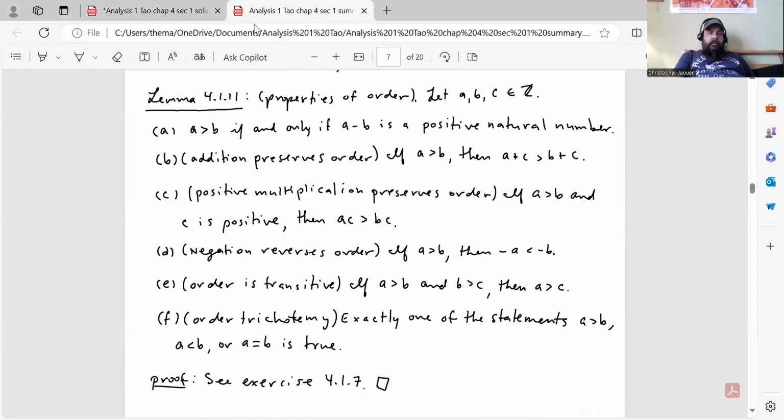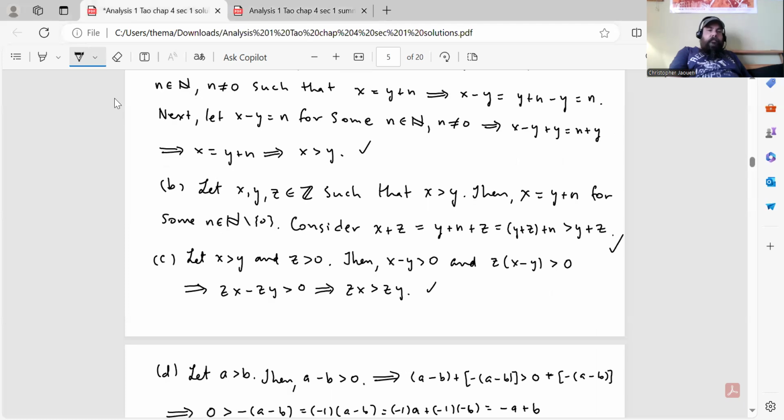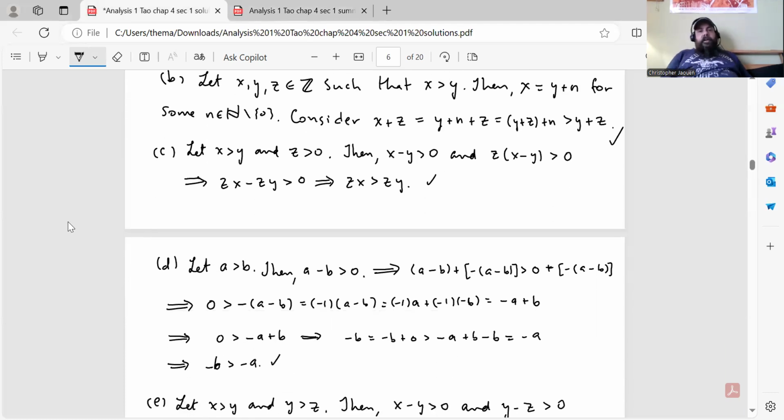Part C, positive multiplication preserves order. In other words, if a is greater than b and c is positive, then ac is greater than bc. All right, so here's my proof.